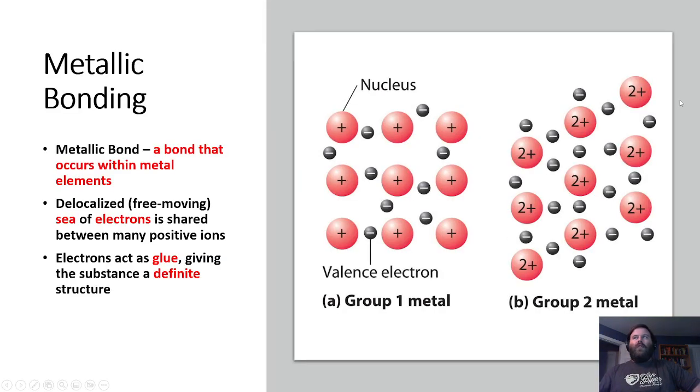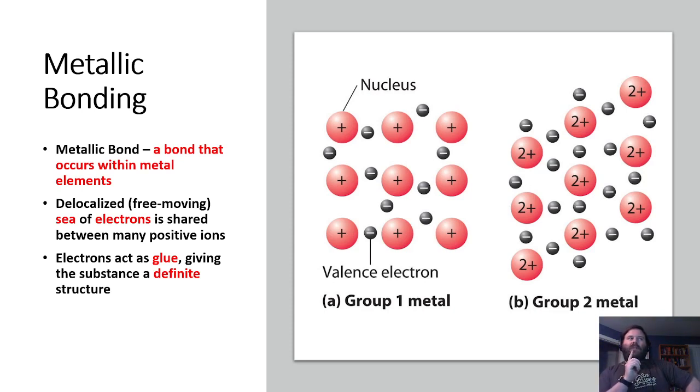So, first of all, metallic bonding. This is a bond that occurs within metal elements. If you have a chunk of metal, this is the type of bond that's holding it together. Just a reminder that metal alloys are mixtures, not compounds.